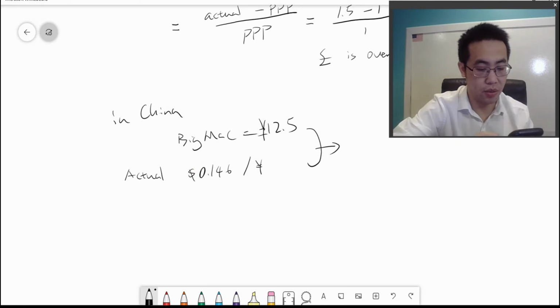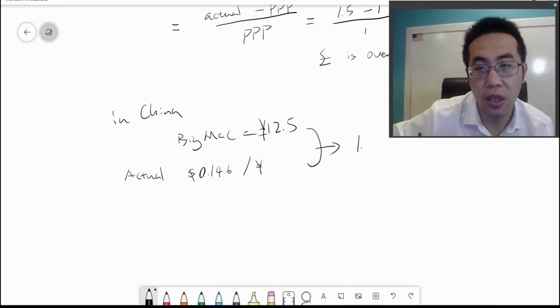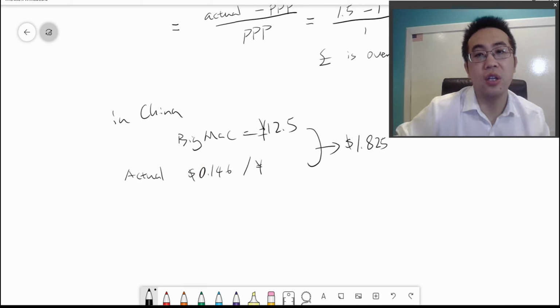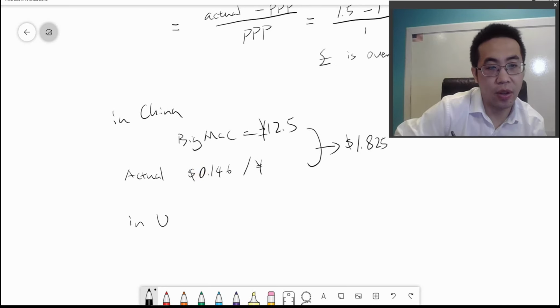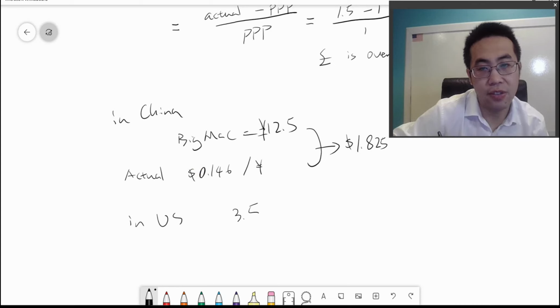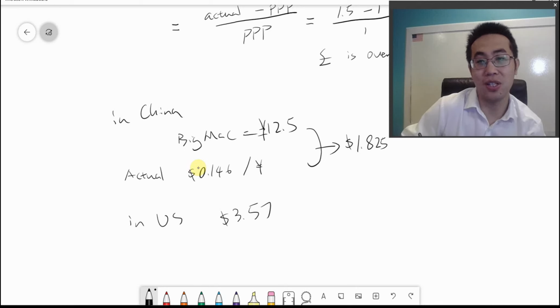So use 12.5 multiplied by 0.146, which is 1.825 US dollars. In the US, the price is $3.57. And in China, if you want to buy a Big Mac, it only costs you 1.8 US dollars.